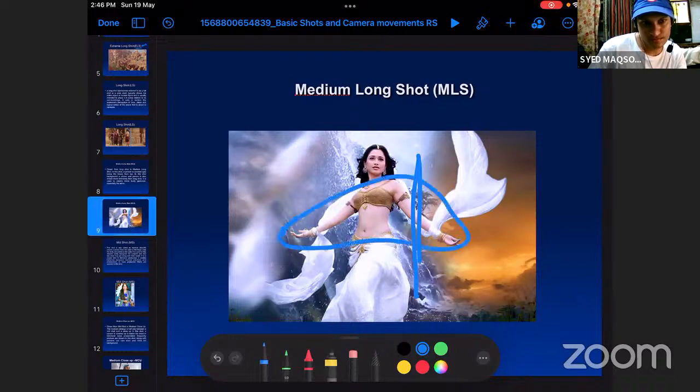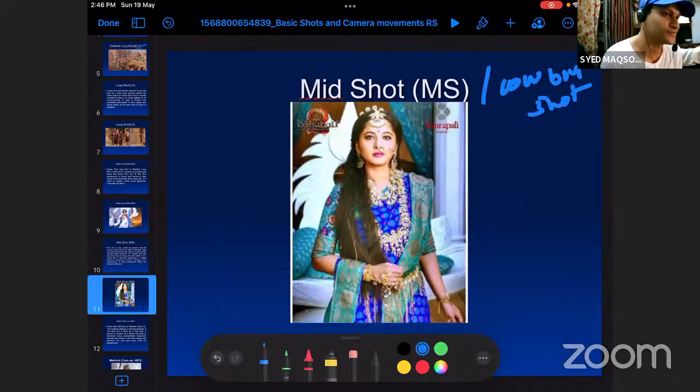To showcase the hands and hand movements, we use the medium long shot.